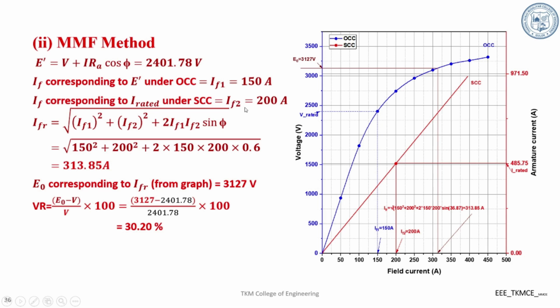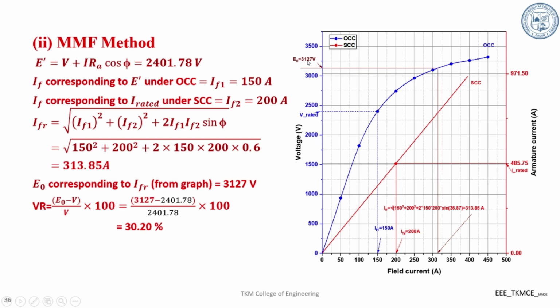Substituting IF1 and IF2 in the expression, the resultant field current is obtained as 313.85 ampere. Then we need to mark 313.85 ampere on the x-axis, proceed upward parallel to the y-axis, which will meet at OCC, and corresponding no load induced EMF we need to measure. That gives E0.